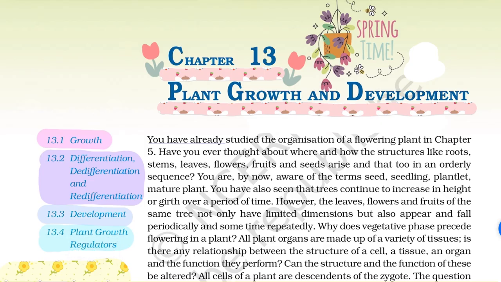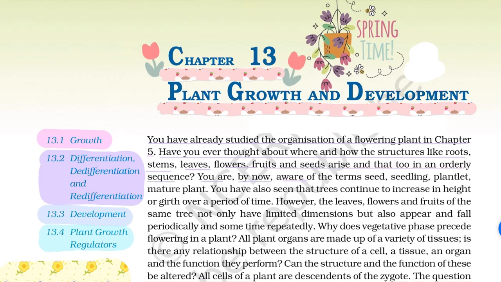You have already studied the organization of flowering plants in chapter 5, so read with us, because reading is the first step towards good learning. Have you ever thought about where and how structures like root systems, leaves, flowers, fruits, and seeds arise, and that too in an orderly sequence?